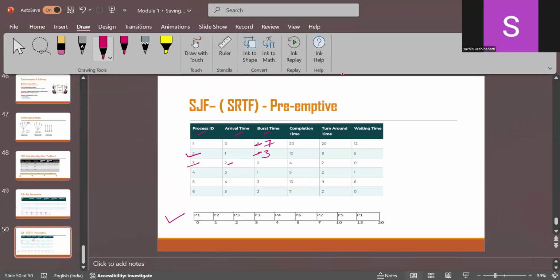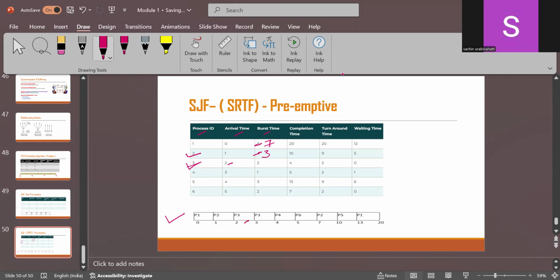So who will win the race for the CPU among P1, P2, and P3? Definitely P3 wins the race, because the burst time remaining for process P3 is just 2. That is why from the second unit of time, P3 takes control of the CPU.